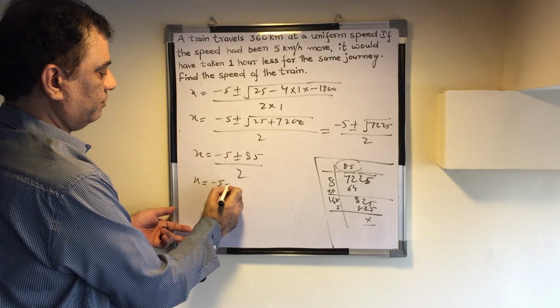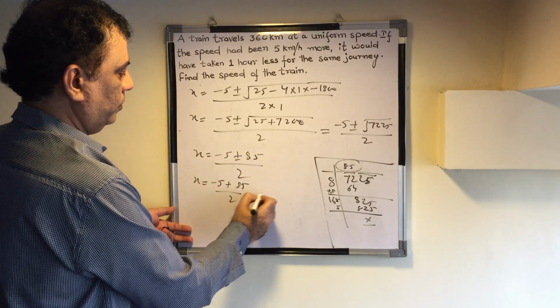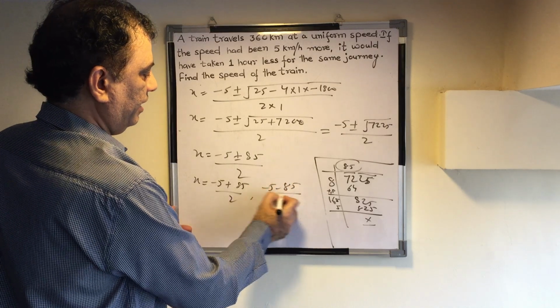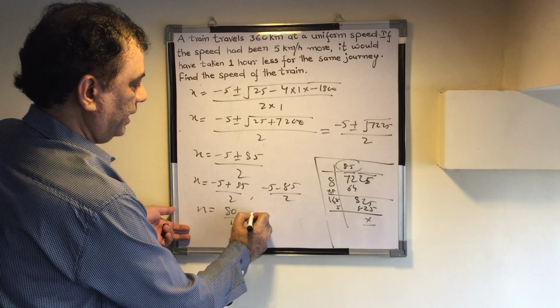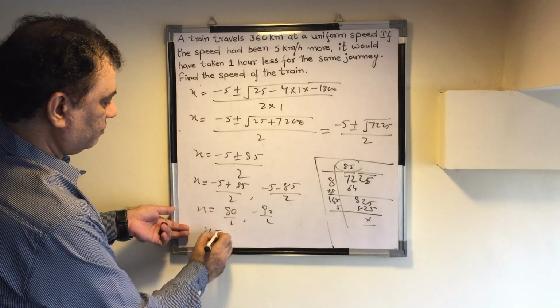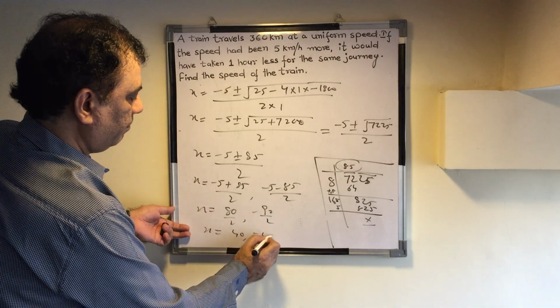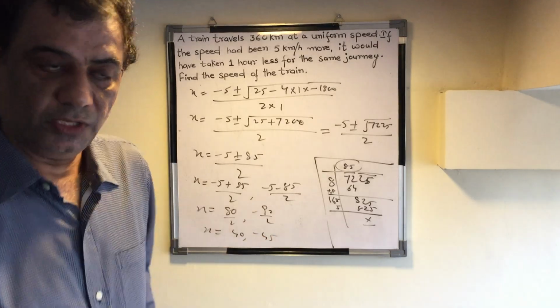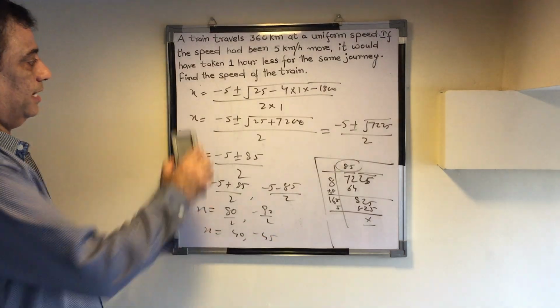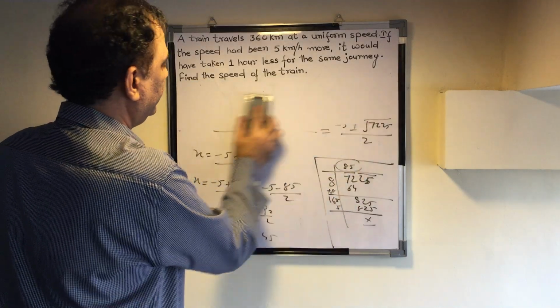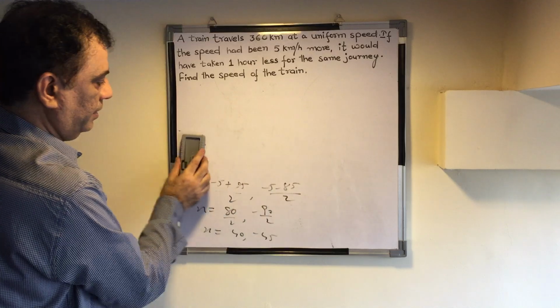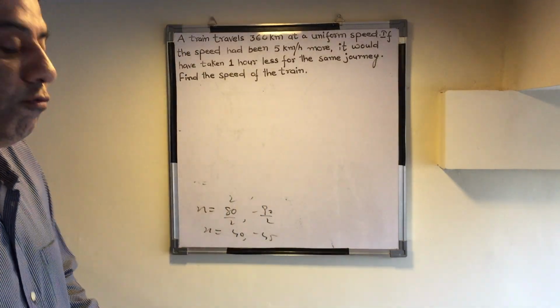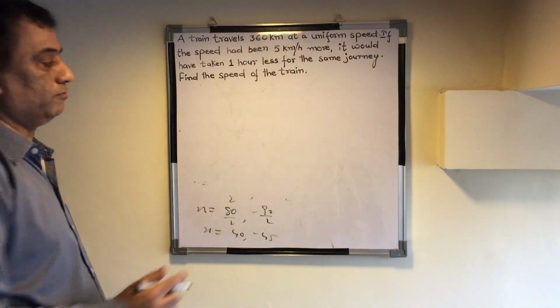Now x will be minus 5 plus 85 by 2 and minus 5 minus 85 by 2. x will be 80 by 2 and minus 90 by 2. So x equals 40 and minus 45. Now you see, we have taken x as the speed of the train, and since the speed of the train cannot be negative, we will reject x equals minus 45.